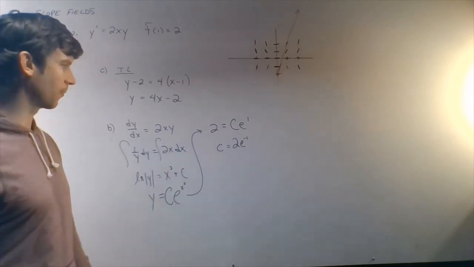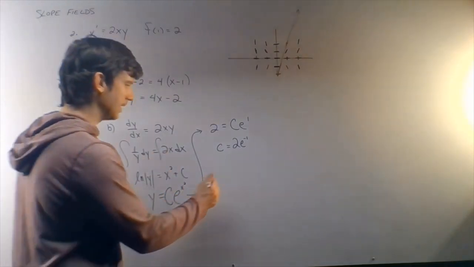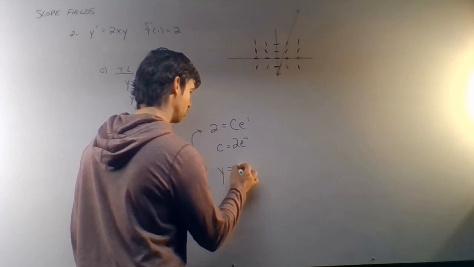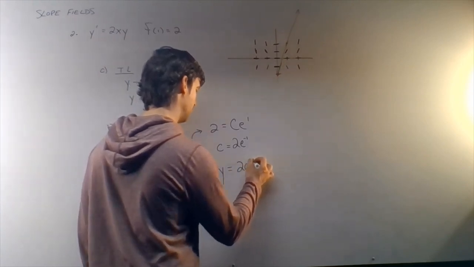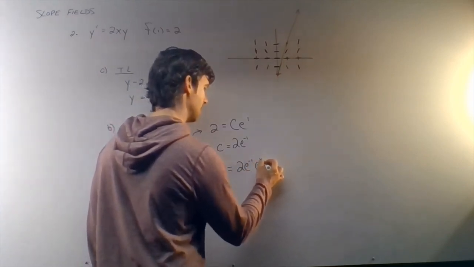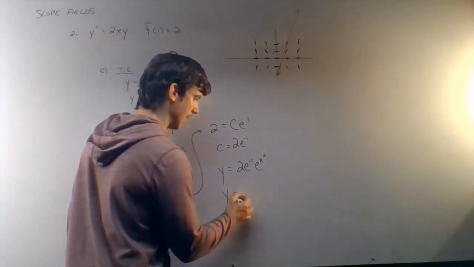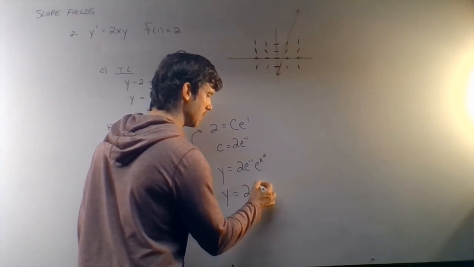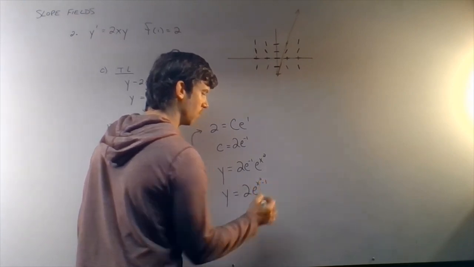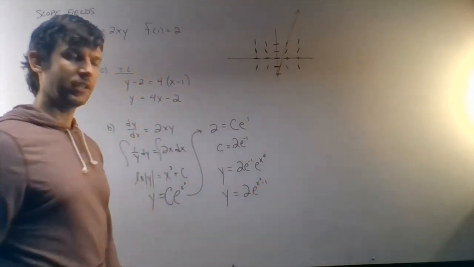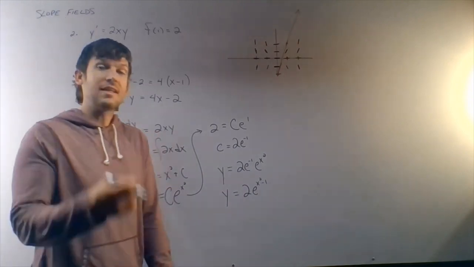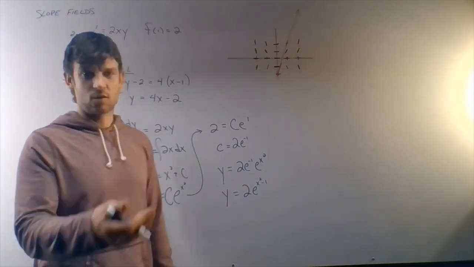So that's my c value, okay? If I plug that back in now, I have y equals 2e to the negative first, e to the x squared, and when you multiply and you have the same base, you can add exponents, so we have 2e to the x squared minus 1. So that's my differential. I can use that to find the exact value when x is 1.2.